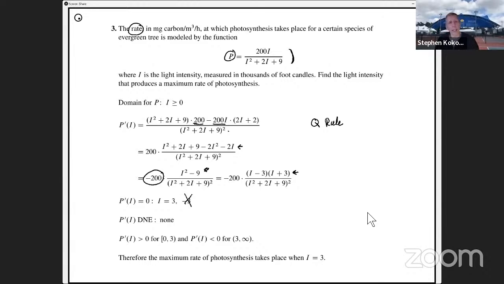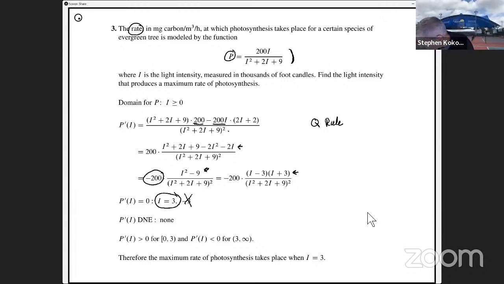And there are no places where the derivative does not exist. So my only candidate to look at is I equal to 3, and I'm going to think a little bit about a number line. I did not draw this here, but that's certainly acceptable, and it helps with this analytic approach.